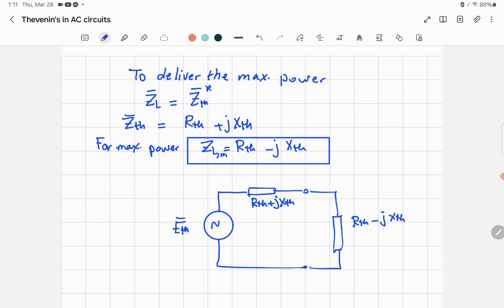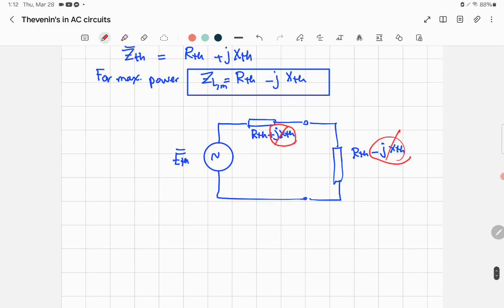These two reactances are equal in magnitude but opposite in sign, so they cancel. You have in the end a circuit with only resistance, like in resonance. The total resistance is R Thevenin plus R Thevenin, so you have 2 R Thevenin.